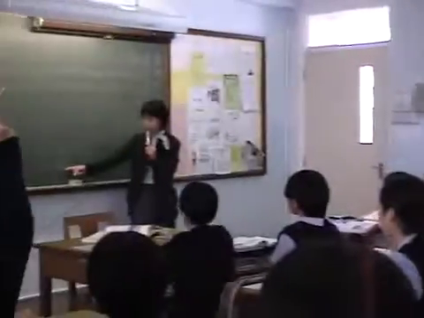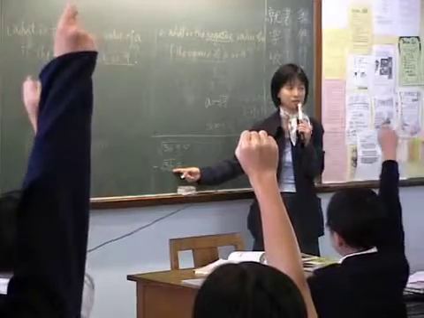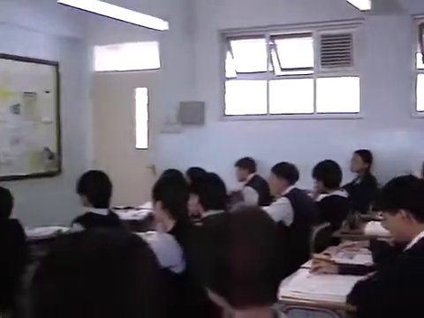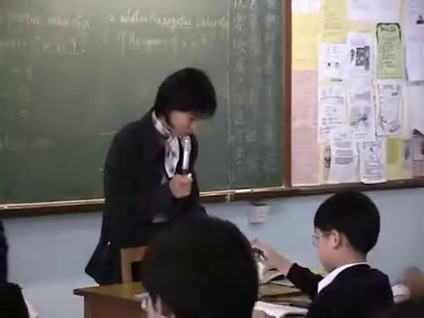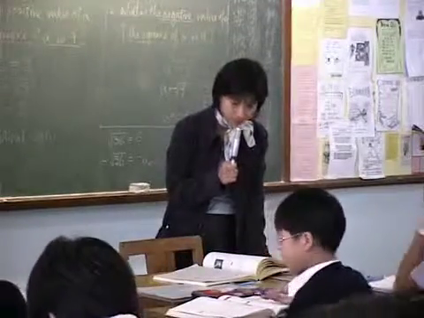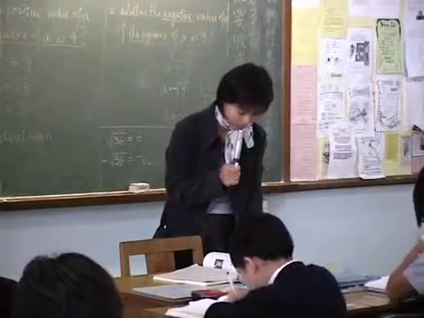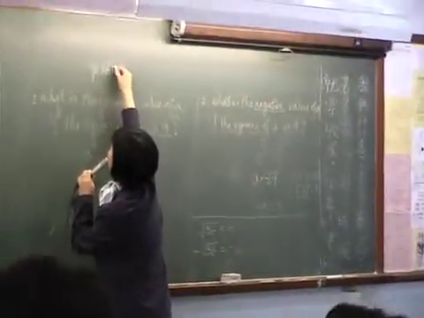Okay. And then negative square root of 36. The answer is negative 6. Okay. Open your book to page 162 to do question number 2.